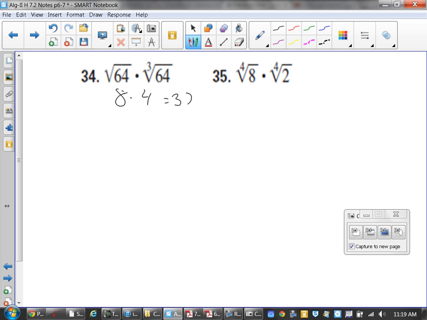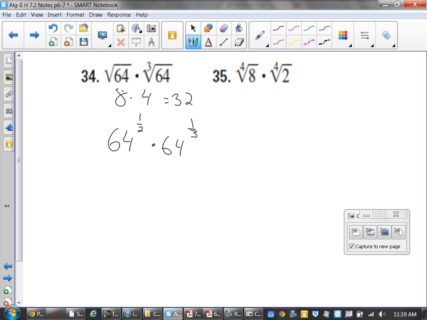Another way you can go about that is to simplify it when they have the same base. I'm going to rewrite both of these as fractional exponents. Is that okay? Those are same base, different exponents, right?